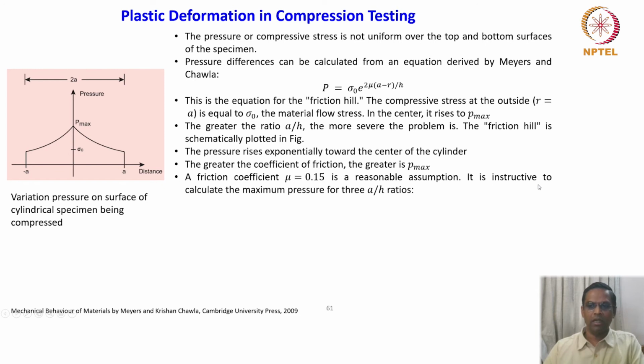It is instructive to calculate the maximum pressure for 3 A by H ratios. Meyers and Krishan Chawla recommend that you measure the P max for A by H of 2, 1, and 0.5.